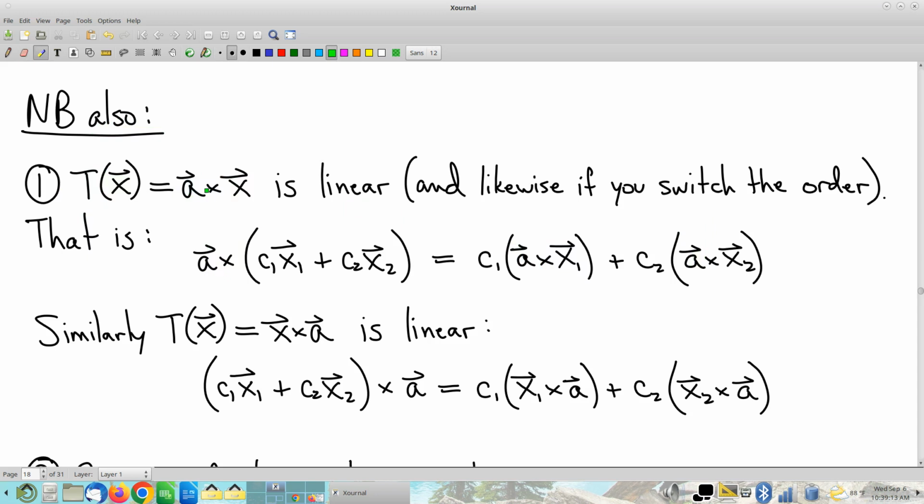Here we had the constant vector A on the left. It also works if you do it on the right. The notation's a little bit weirder, but it's morally equivalent. Again, not the same, it's not commutative, but a pretty easy argument connects these.